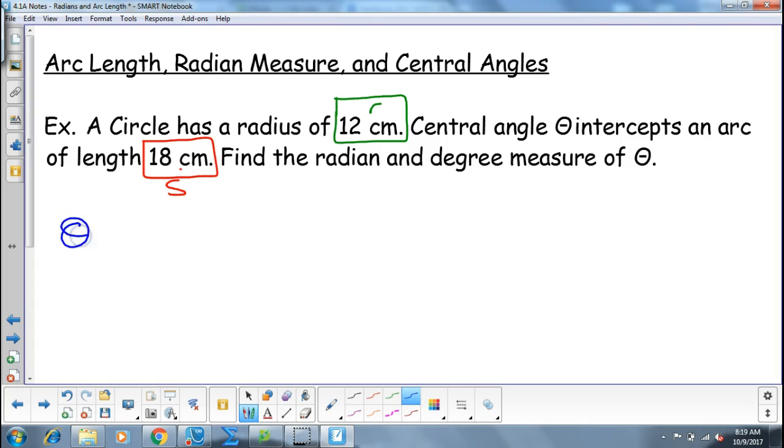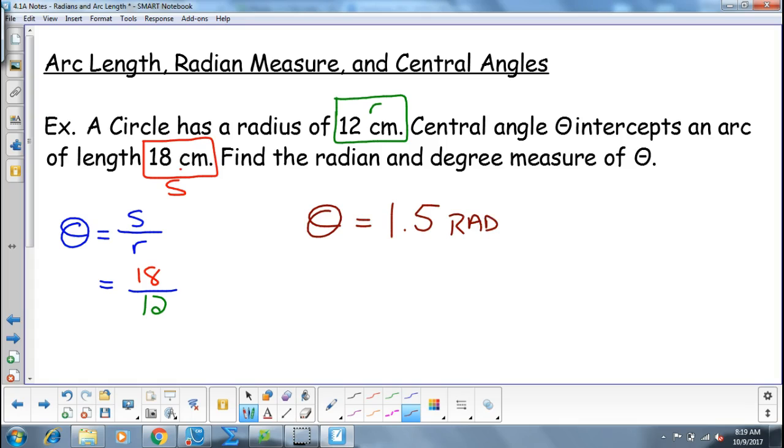Theta is going to equal S divided by R. So S is 18, R is 12, so I get theta is 1.5 radians. Agree with that? Okay.